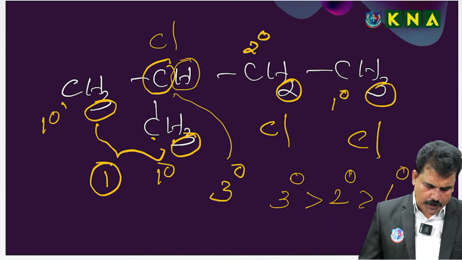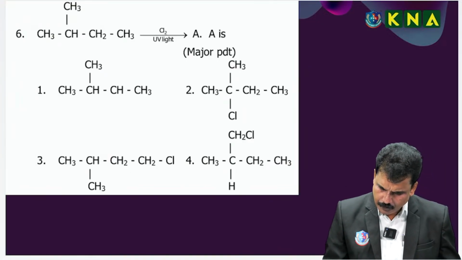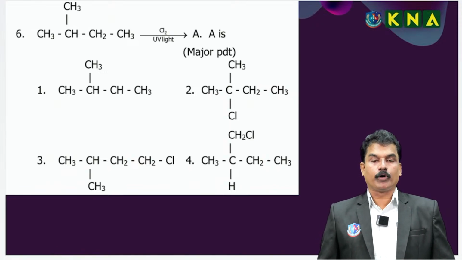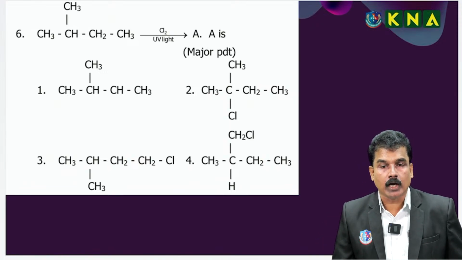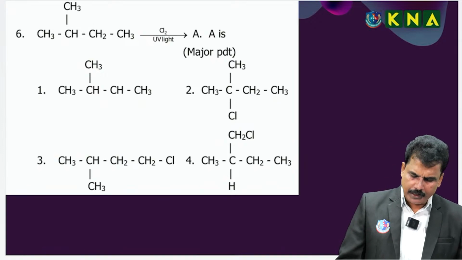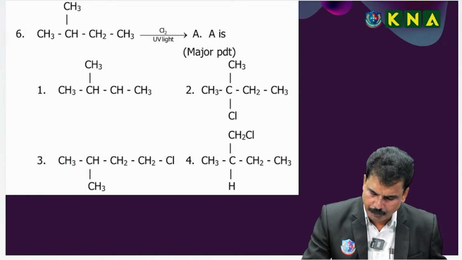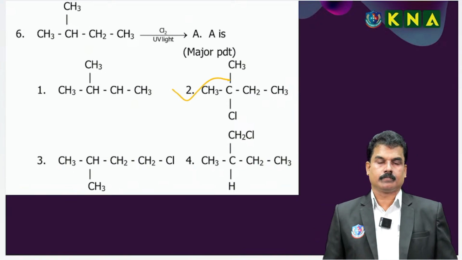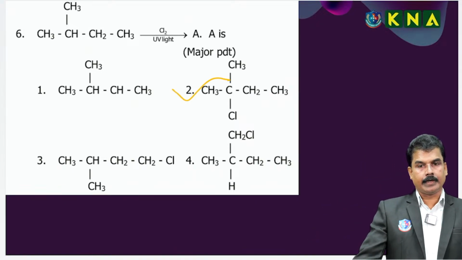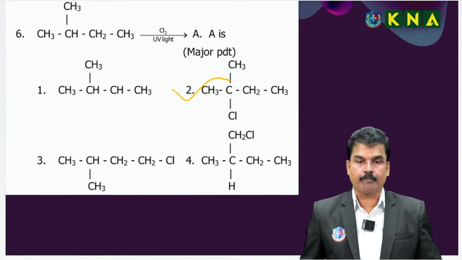So which one is the most stable halo compound you are getting? Based on the stability of free radical. Which free radical is the most stable? Tertiary free radical. So the second option will be the correct option. Are you getting the idea now? Here the mechanism is what type of mechanism?